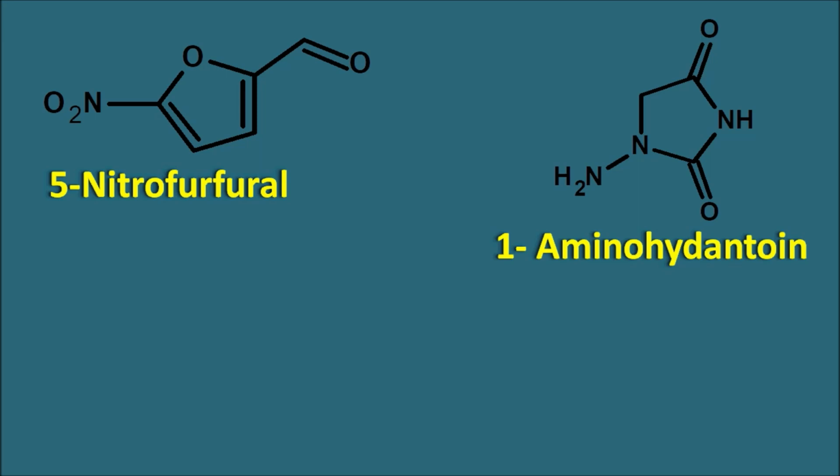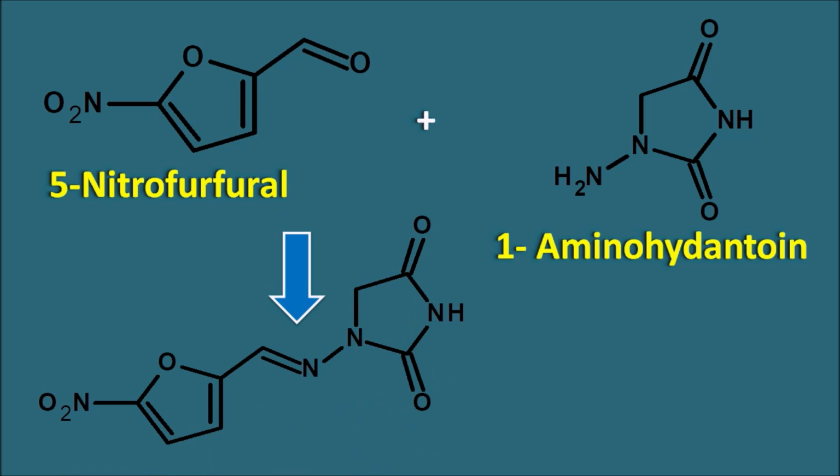Now when the aldehyde and the amine react, they undergo a condensation reaction such that a water molecule is removed, and they form nitrofurantoin, which has a double bond between the two ring systems. In this way, nitrofurantoin can be synthesized from 5-nitrofurfural and 1-aminohydantoin.